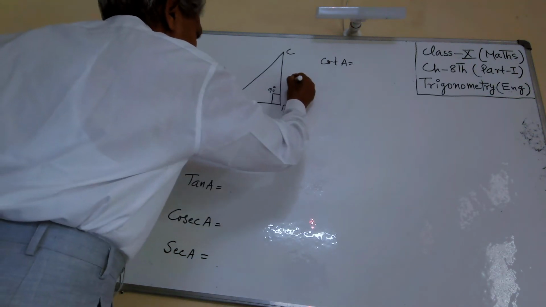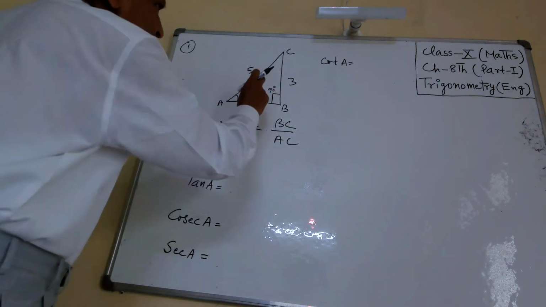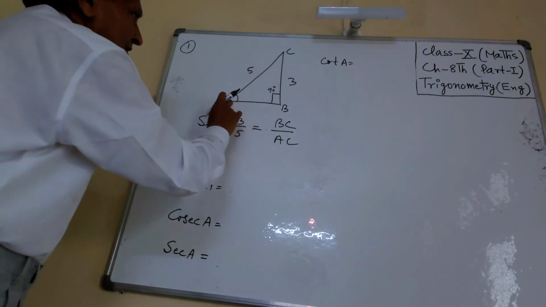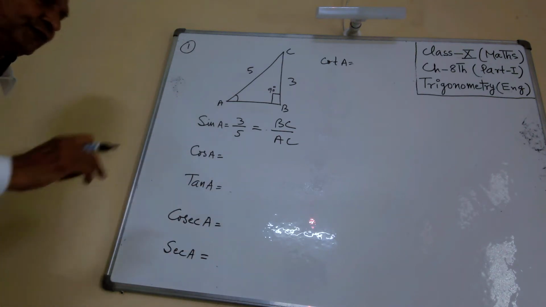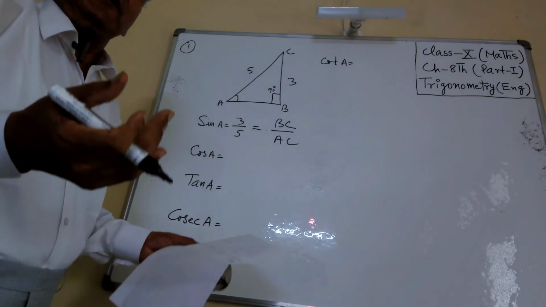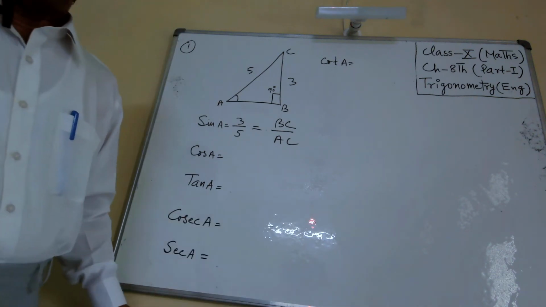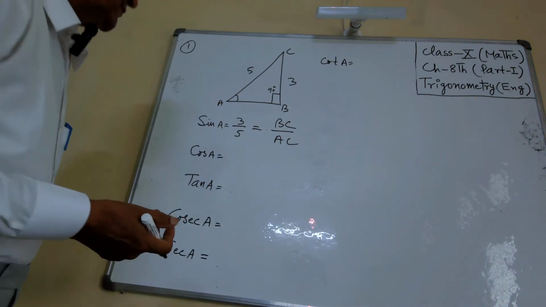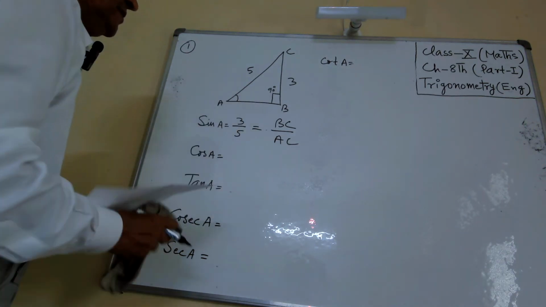BC is 3, AC is 5. Now two sides are given and we have to find out the third side. If we have all these sides of a right angle triangle, we can write all the ratios. First of all, we have to find out the value of AB.